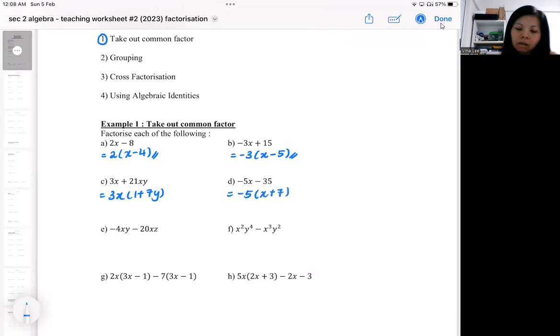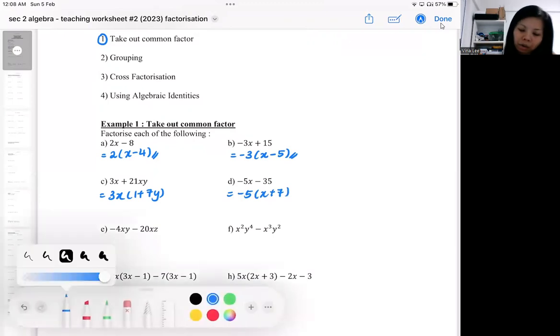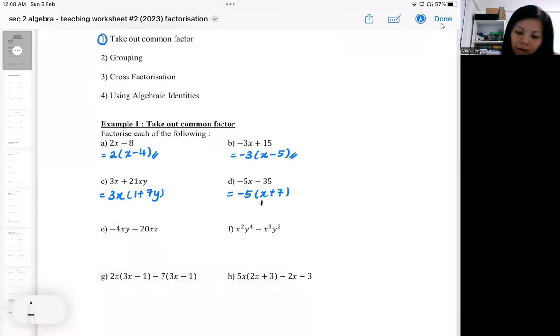But in any case, what if you find it very difficult taking out common factor? What is the thinking process? The thinking process is something like you take the first bubble and you divide by your common factor. Then you take the second bubble and divide by the common factor. That is the main logic.